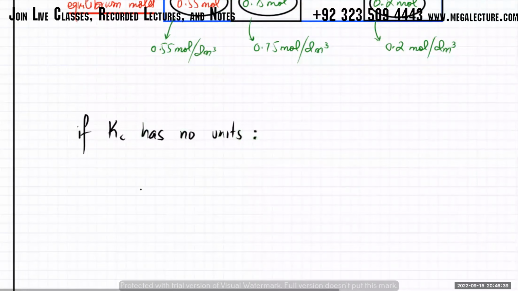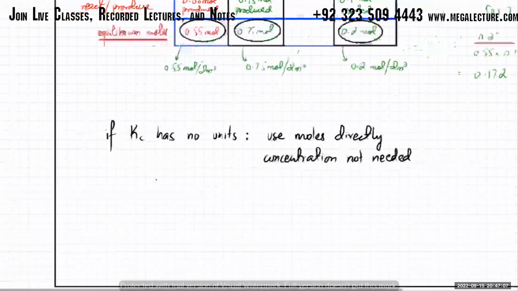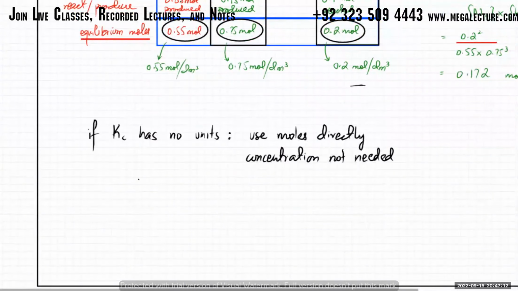You don't need V because it's going to get cancelled out. Calculating concentration is not needed. Concentration is not going to be needed in this specific case to calculate Kc.